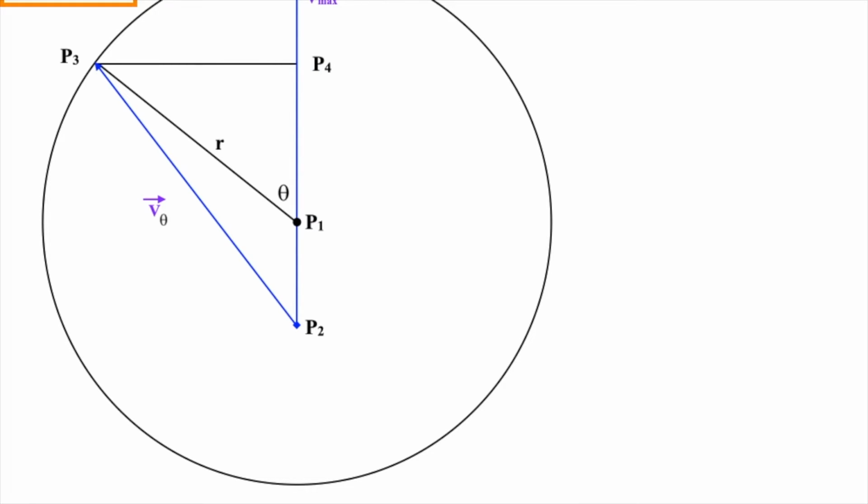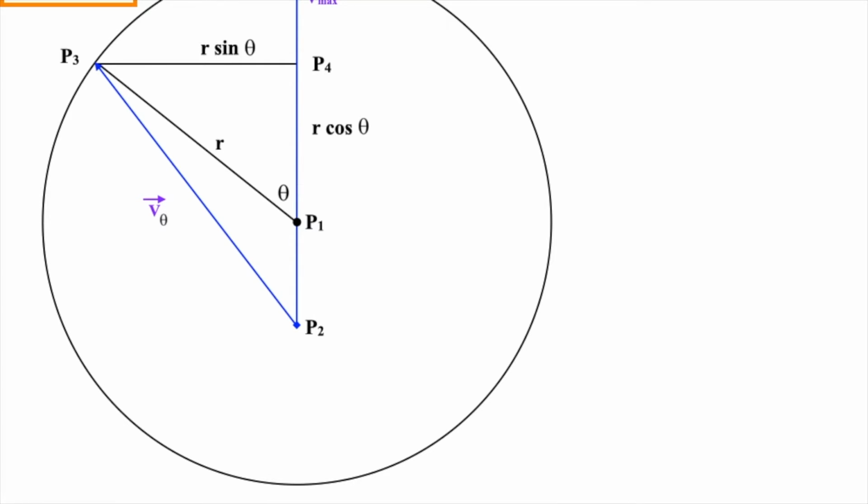We now draw in a line segment from P3 to P4 on Vmax, so that P3, P4 is perpendicular to Vmax. Its length is r sine theta. The length of segment P1, P4 is r cosine theta.